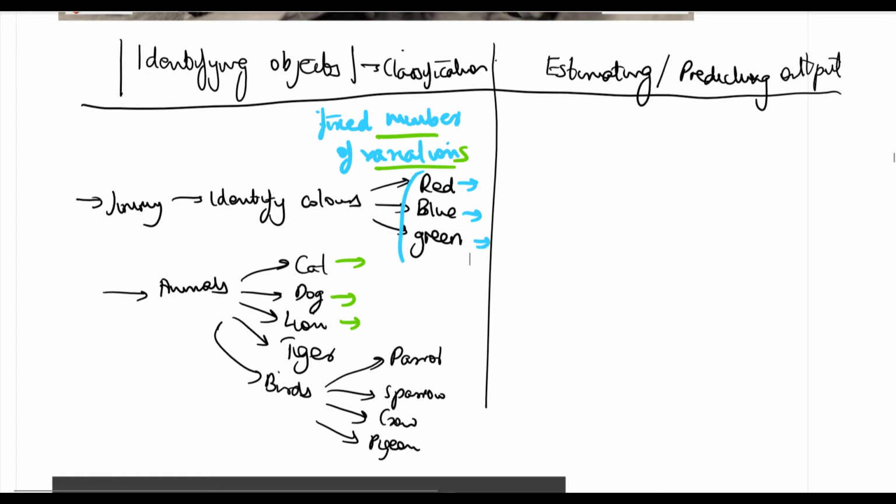We are classifying the color, or we are classifying the animal, whether it's a cat, dog, lion, or tiger, or a bird. Now within birds, we are further classifying whether it's a parrot, sparrow, crow, or pigeon. So whenever we say identification or identifying, we also call it classification. So this is one specific situation.